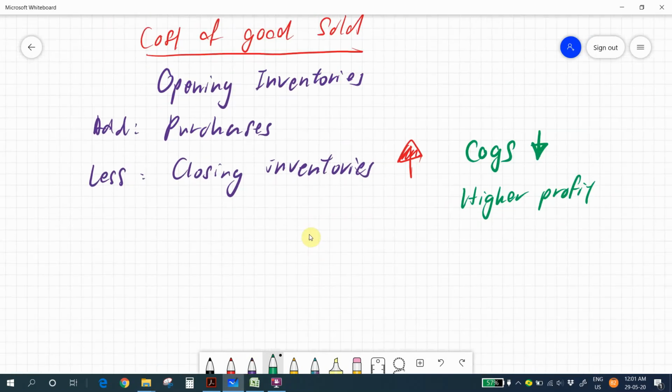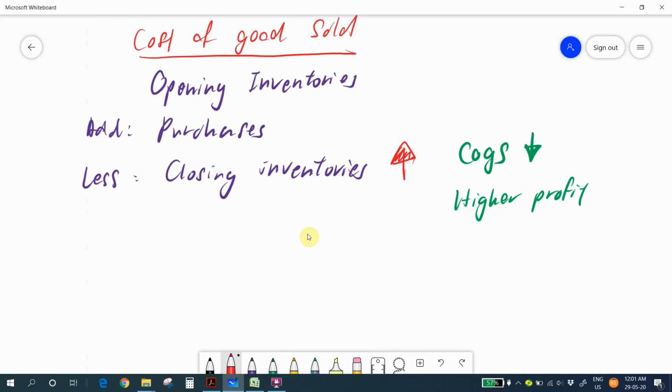On the other hand, if your closing inventory reduce, it means that you will have a higher cost of goods sold, and this will bring to lower profit, because closing inventory is a negative item in our cost of goods sold. So this is the impact of your closing inventory in relation to the profit of the company.